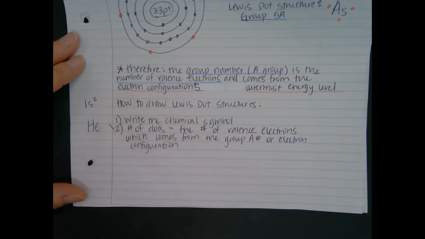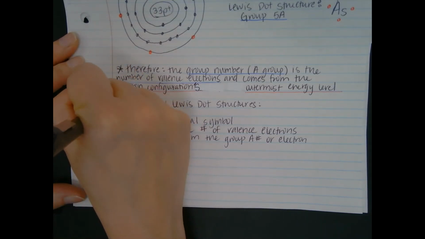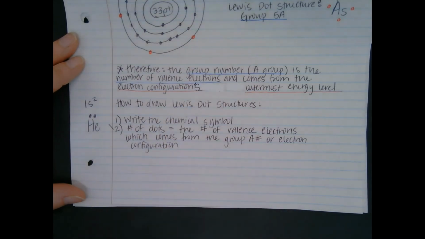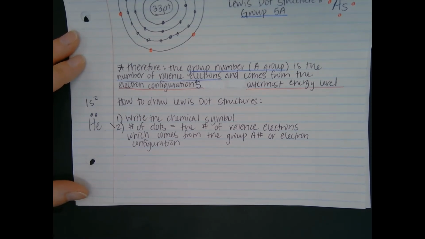So on my helium Lewis dot structure, this is the exception: you would draw those 2 electrons as paired up, straight out the gate, because it only has that 1s orbital, and that 1s orbital is full. So that is our exception for this class, in helium.